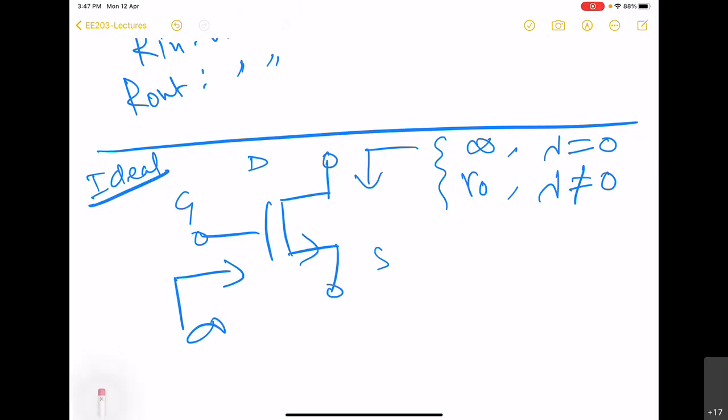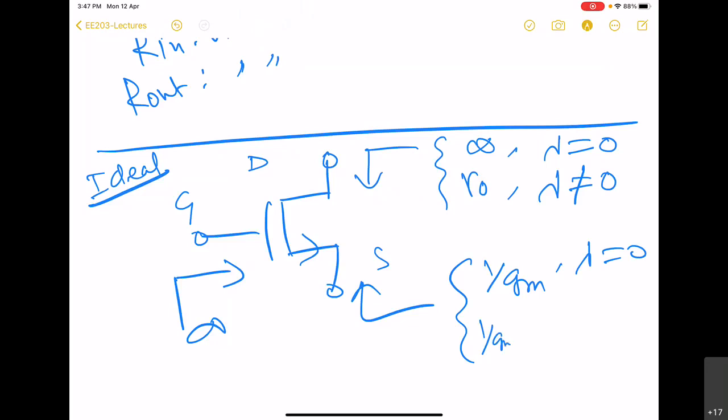Now, if you look into the source of a MOS, this is going to be equal to 1 by GM if no channel length modulation is included, or 1 by GM in parallel with R0 for the drain grounded when channel length modulation is included.